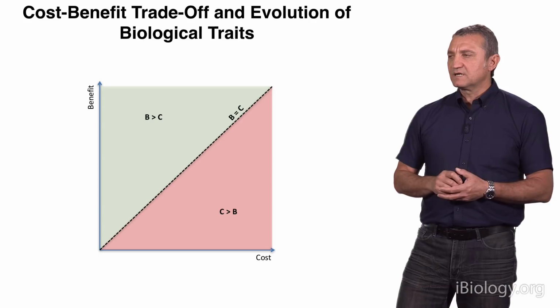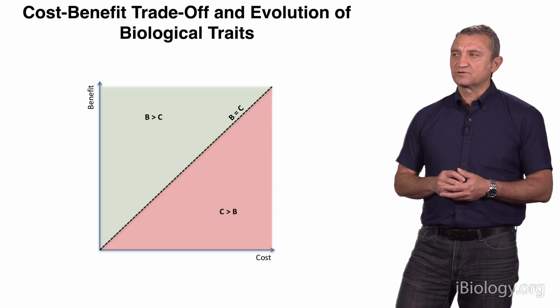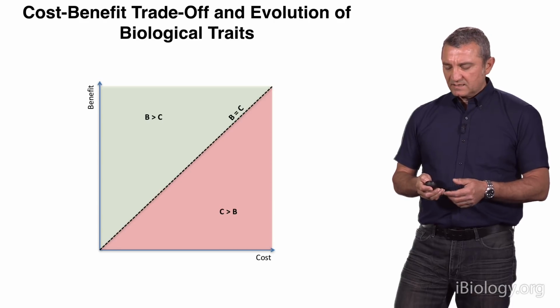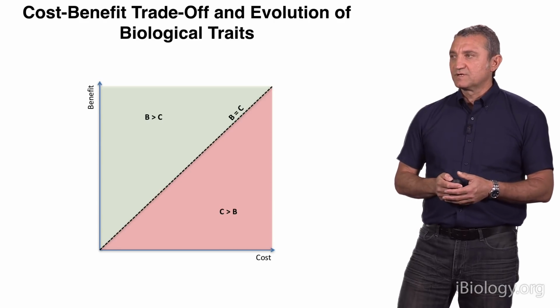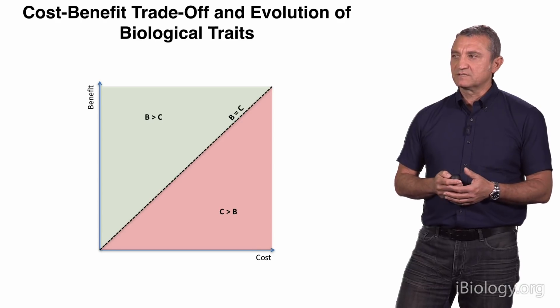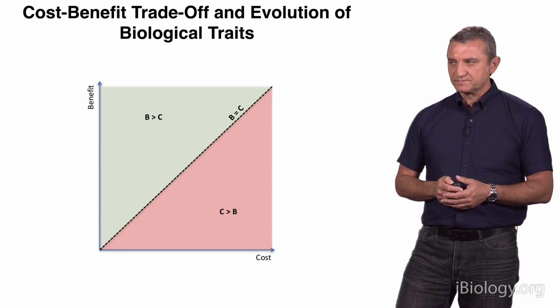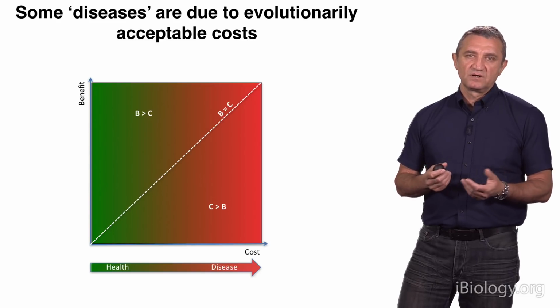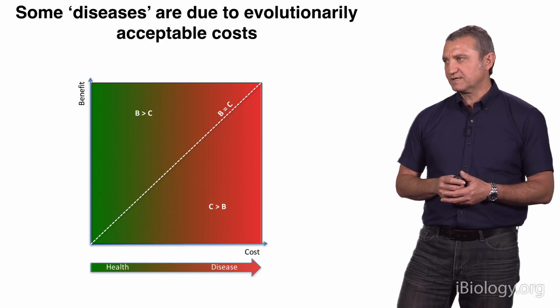As you can see, the higher the benefit of the trait, the higher the acceptable cost. This view is from the evolutionary perspective. All evolution cares about is that the benefit is higher than the cost. The same plot from the patient or physician perspective would look like this.